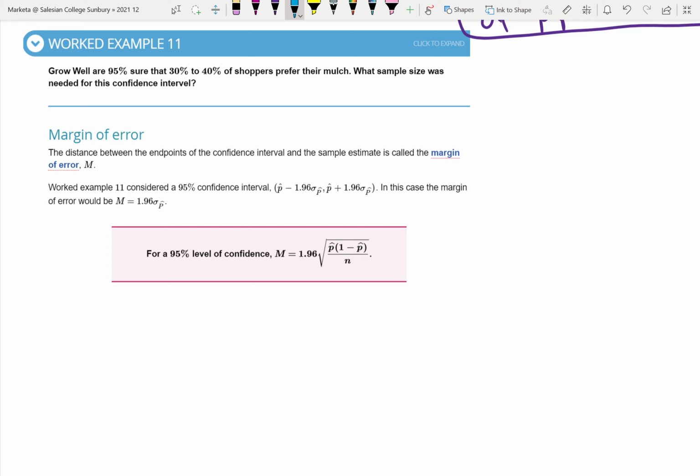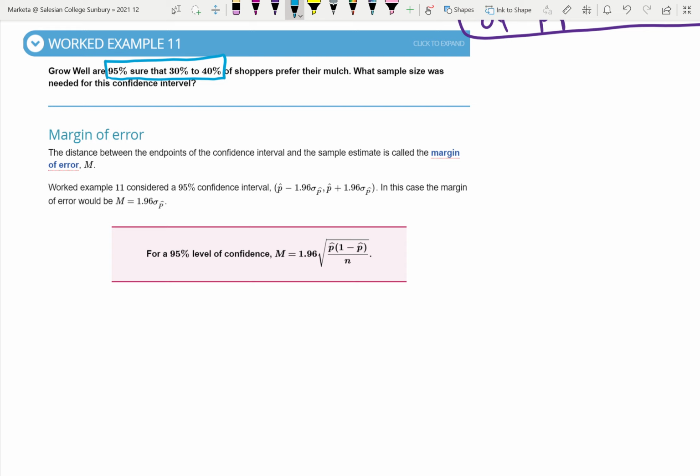Okay, so this is a bit different. It's telling us there's a 95% confidence interval that between 30 and 40%. So this is essentially the answer to a question like example 10 and example 9. So that's what we found. But this time they're asking us for a sample size.